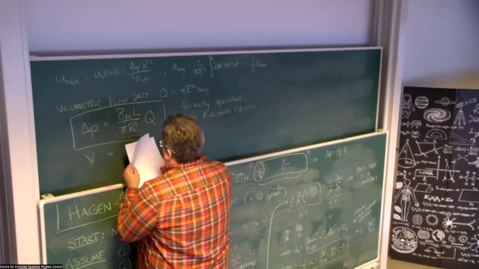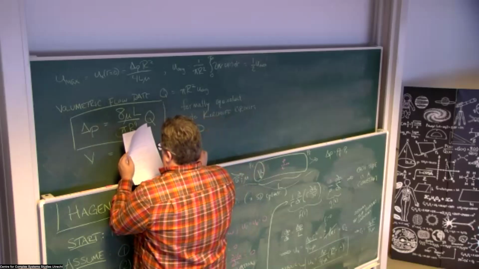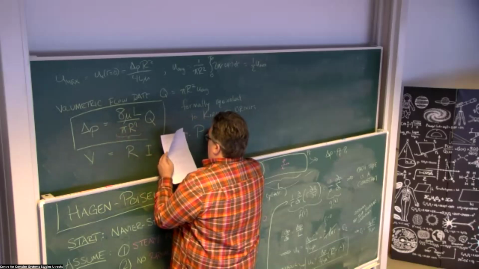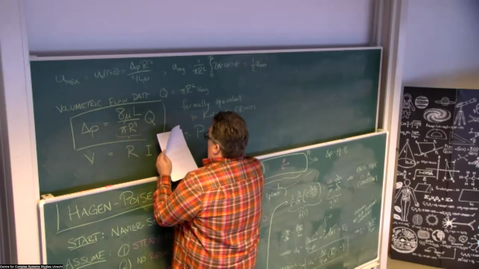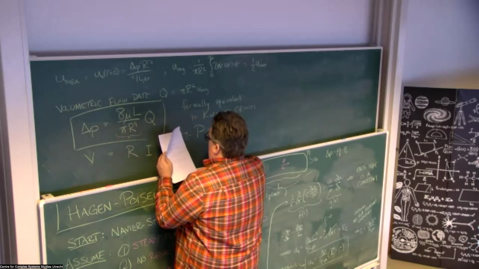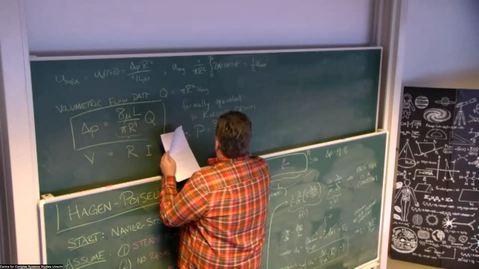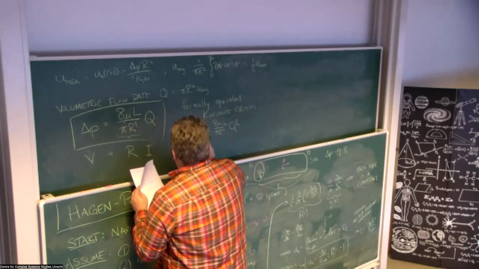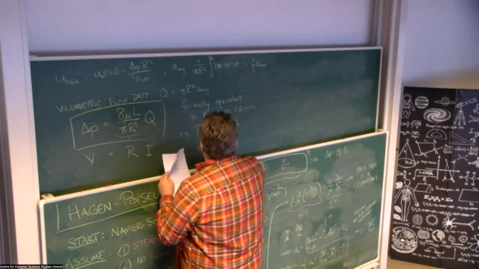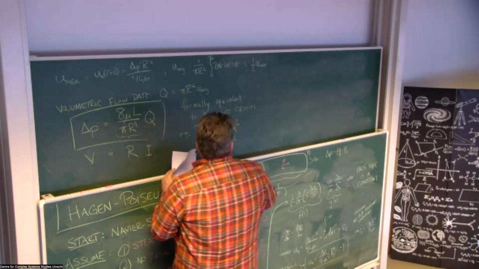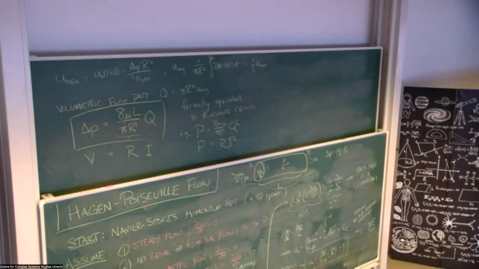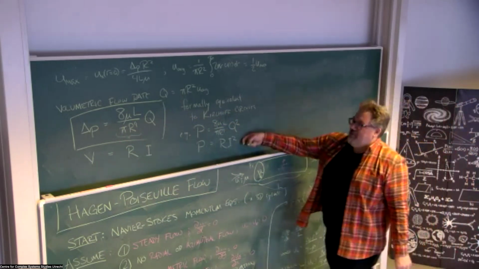And then, yeah, so for example, capital P, not pressure, capital power consumption is 8 mu L over pi r to the fourth, times Q squared, which again is like power equals R I squared. Or I squared R. Usually it's written I squared R for whatever reason. I'm quite sure that this is on the thing somewhere. Yeah, so this one is going to come up again later.